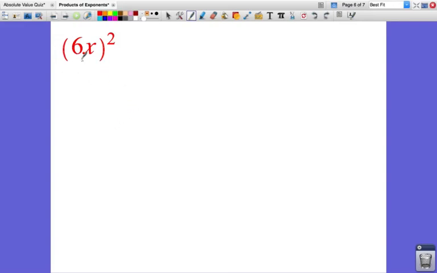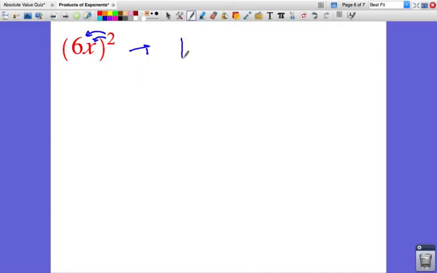So now, if we look at this example, I have 6x all squared. So now I have 2 different things inside my parentheses that are being raised to the 2nd power. So really what's happening is every single piece inside of here is being raised to the 2nd power. So this is like taking my 2nd power and distributing it to both pieces.